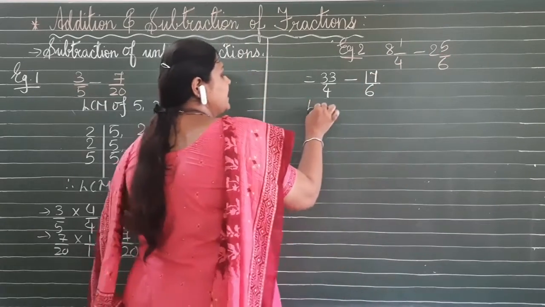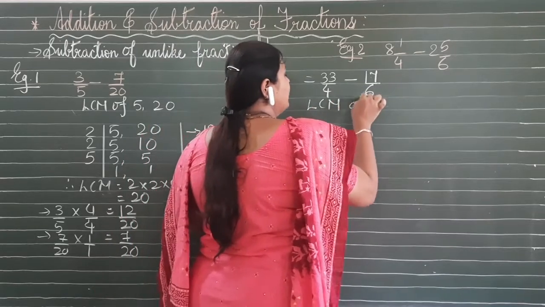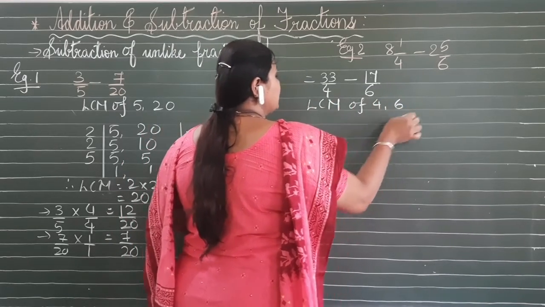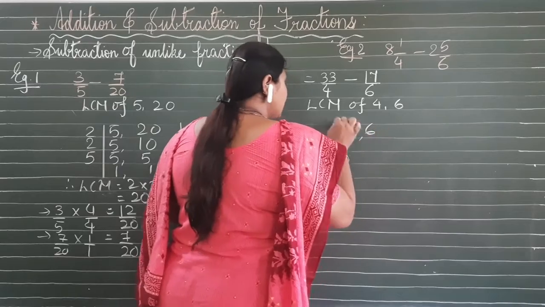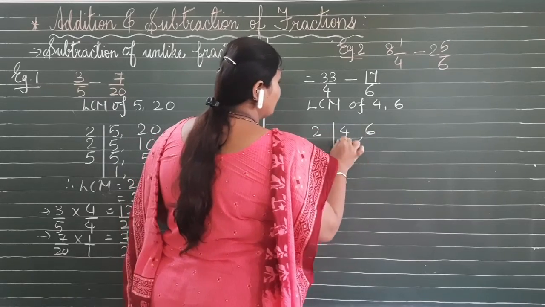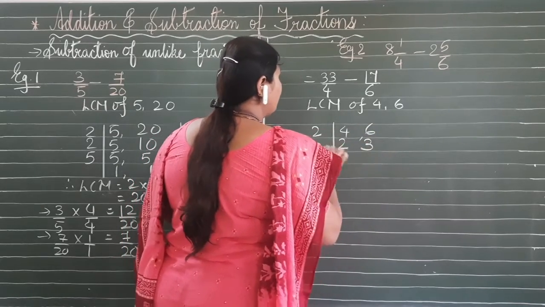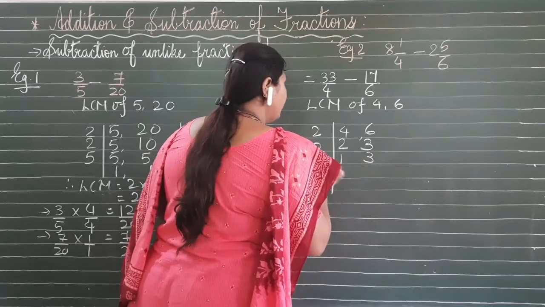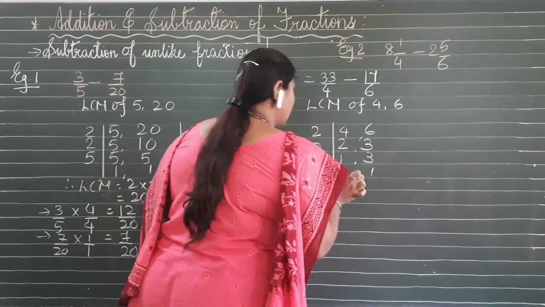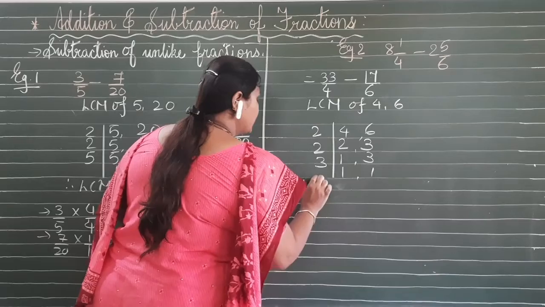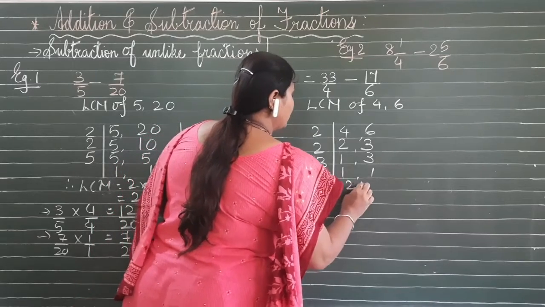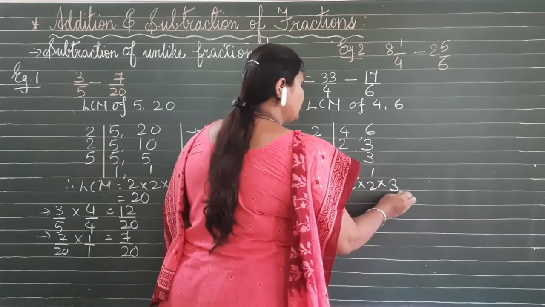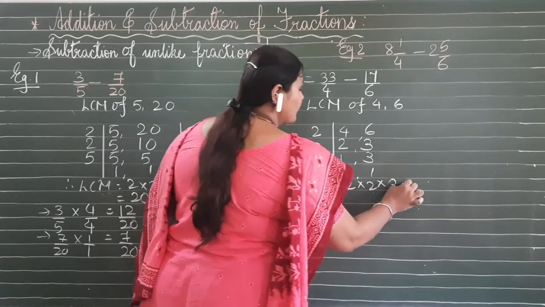Again LCM of denominators, that is 4 and 6. We will start dividing with 2. 2 2s are, 2 3s are, 2 1s are 3. 3 1 1. So LCM is 2 into 2 into 3. 3 2s are 6, 6 2s are 12.